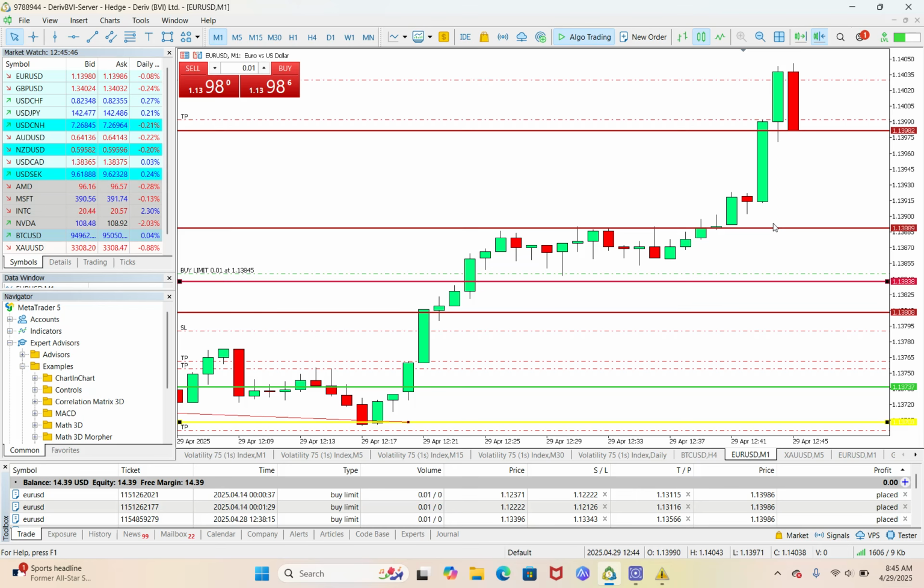But we have to calculate. We want the market to move away at least 3 times to qualify this as a profitable trading structure. We want the market to move away 3 times before we decide to trade this area right here.